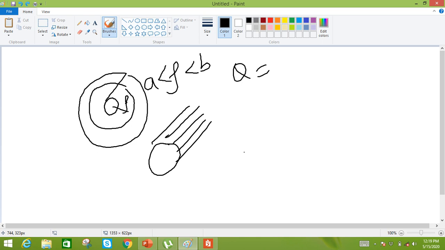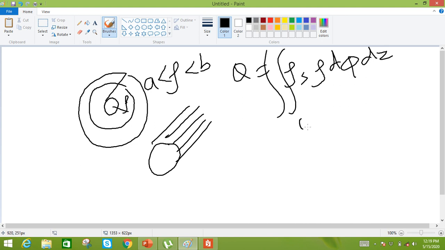It will be equal to Q is equal to ρ_S into ρ dφ dz, and we will integrate this from 0 to 2π.